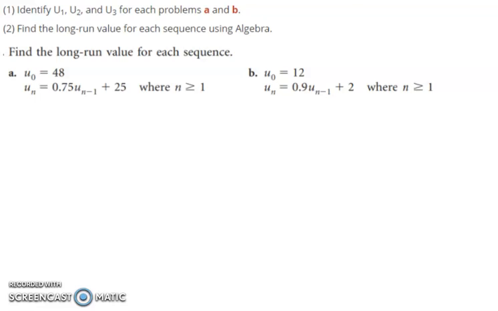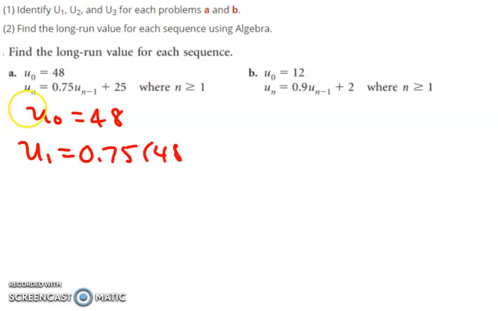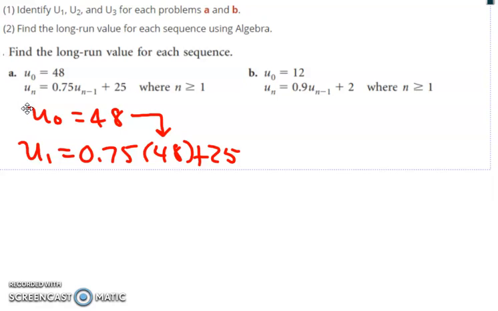All right, so for U0, we're told the answer is 48. So for U of 1, we're going to take 0.75, multiply it by 48, add 25 to it. And then that answer will be U of 1.